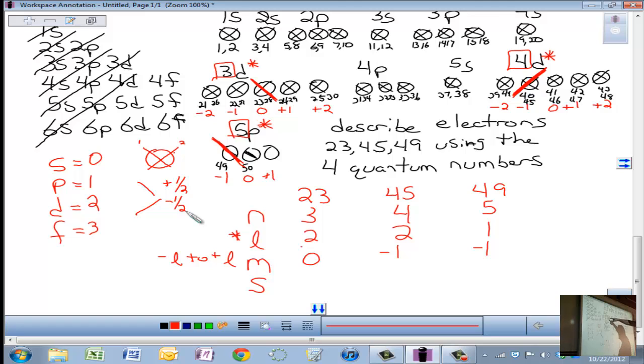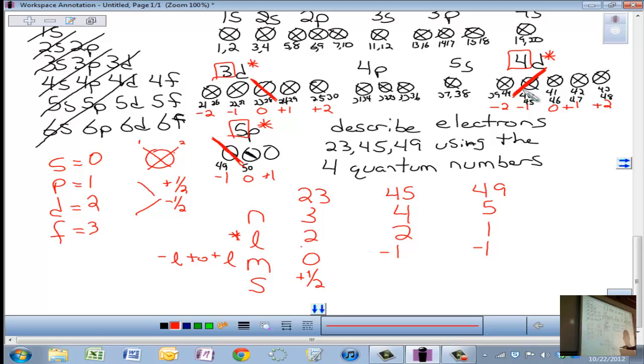But if I look at my number 23, that's my first slash, so I would call that a positive 1/2. Number 45 is opposite in direction from my number 23.